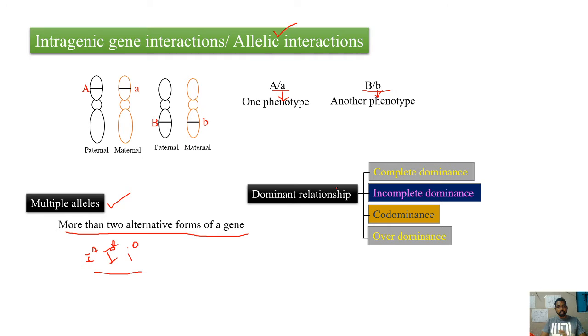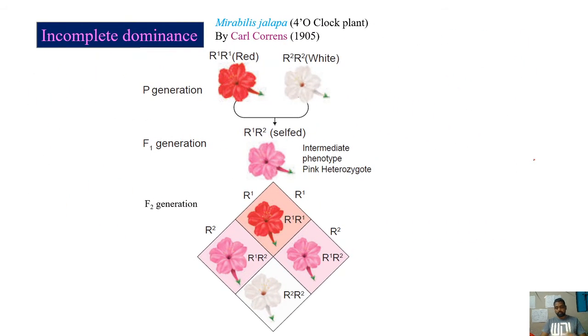And the dominant relationship is of different types. So the first one that we are going to discuss is incomplete dominance. When Carl Correns in 1905 was performing a monohybrid cross in the plant Mirabilis jalapa, the common name of which is the four o'clock plant, he observed a different kind of gene expression.